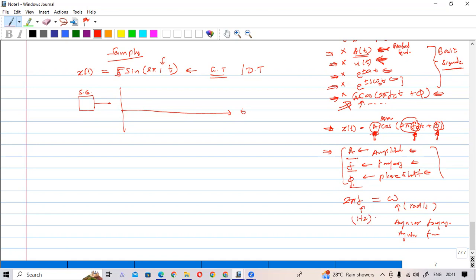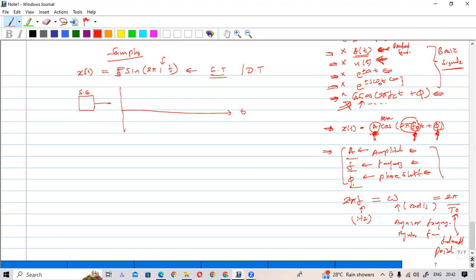This is omega, and this is f. Also, omega is equal to 2π divided by T₀, where T₀ is the fundamental period.